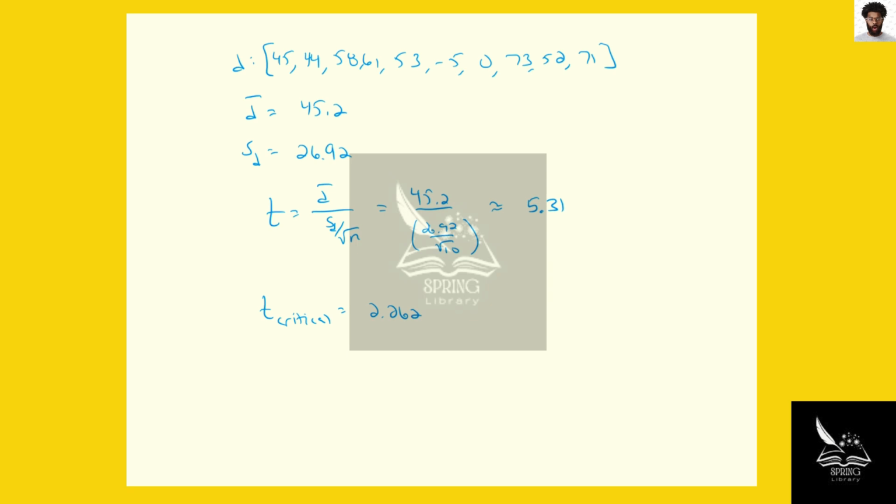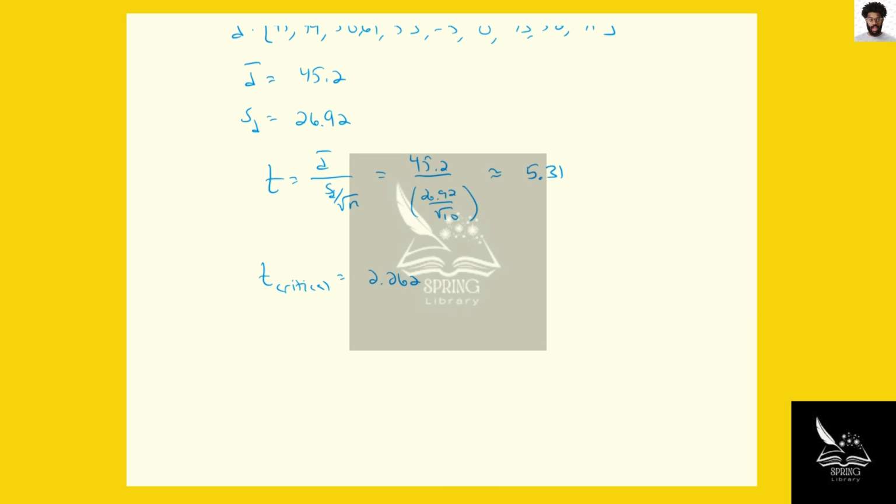Then we need to compare and make a decision, and our calculated t statistic again is 5.31, comparing that to 2.26. Since that is greater than our critical, that would mean we reject the null hypothesis.